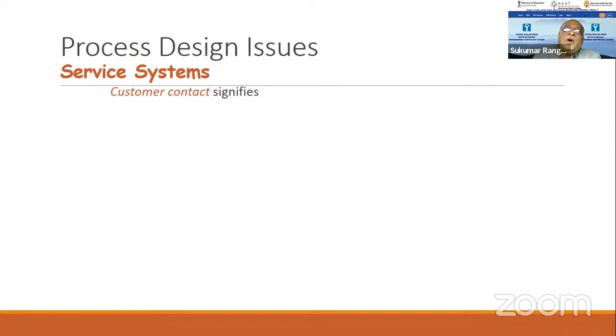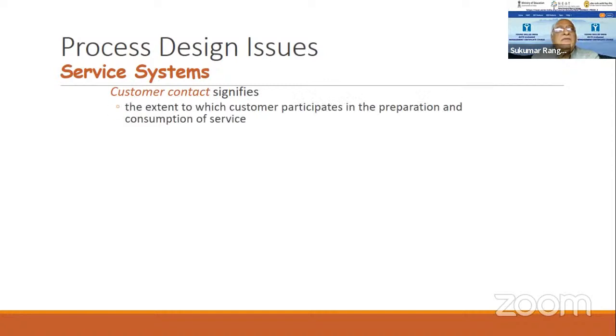So customer contact is what signifies the extent to which the customer participates in the preparation and consumption of service. The ultimate, as you can say, is a hospital. In a hospital, of course, you will ask, how does the customer participate? Because the customer has to be there physically. There cannot be a proxy, somebody else substituting for that customer.